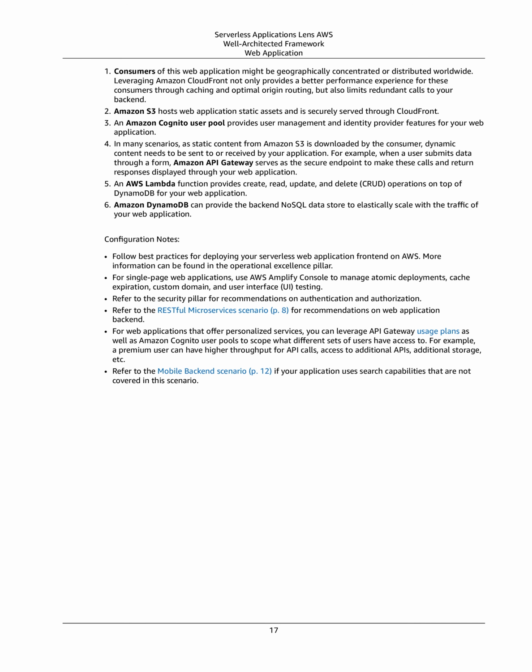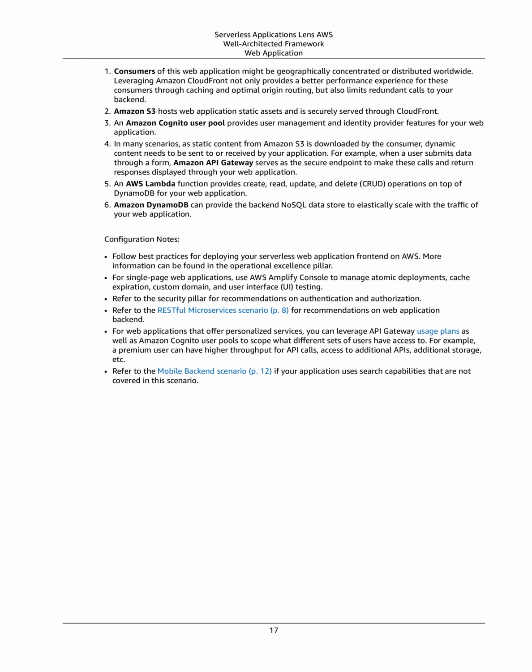An AWS Lambda function provides create, read, update, and delete (CRUD) operations on top of DynamoDB for your web application. 6. Amazon DynamoDB can provide the backend NoSQL data store to elastically scale with the traffic of your web application.